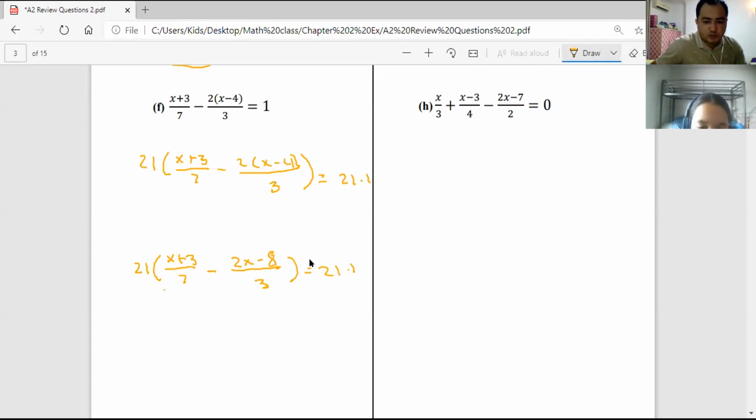And Shahina, here, 21 times 1, we know this 21. We don't have to write this again. Just write the answer, because at every step, if possible, you have to try to simplify the expression. Okay, now remove the brackets.